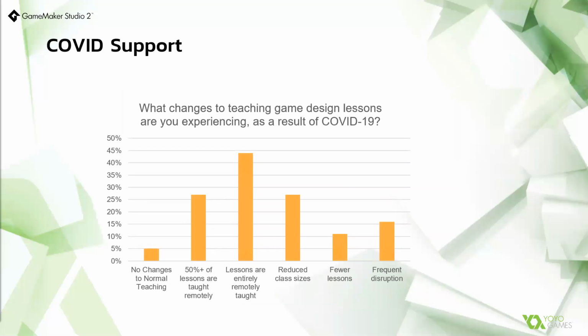One of the questions we asked recently in our survey was how badly affected were you by COVID, and how is it affecting the way that you're teaching at the moment? That was really just before things got really bad for us since Christmas. I'm based in the UK.